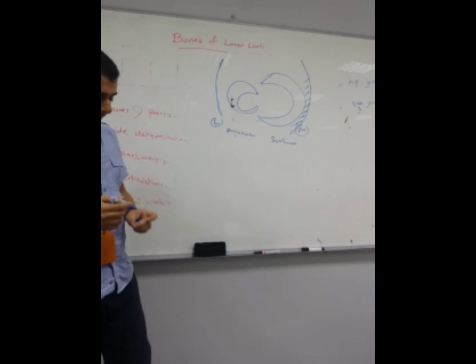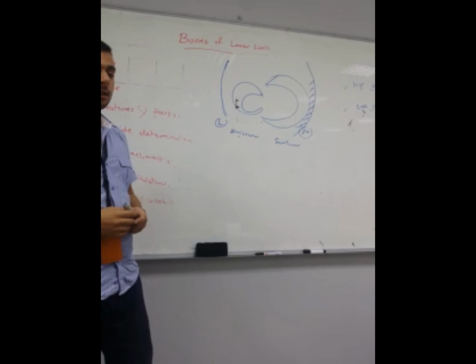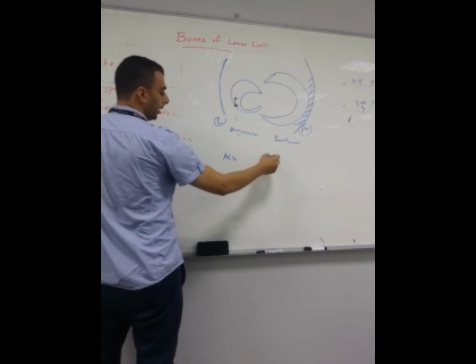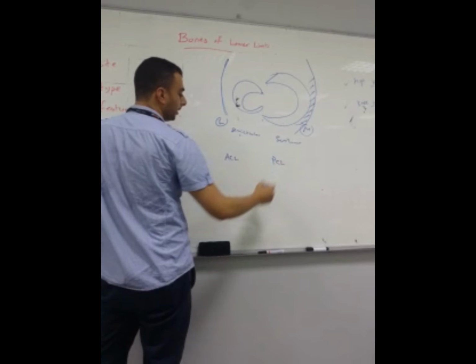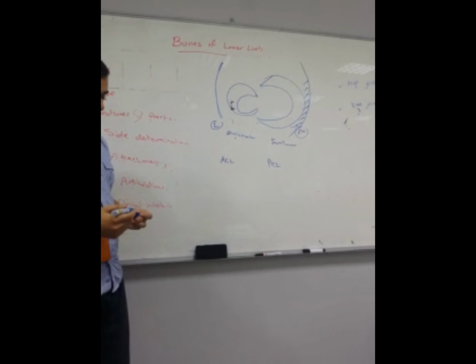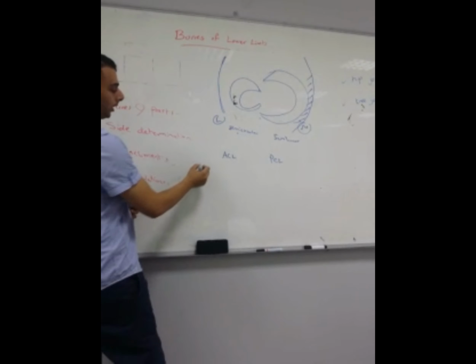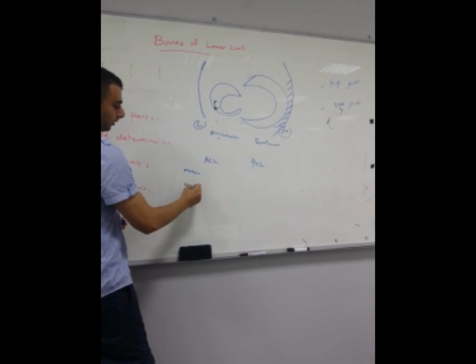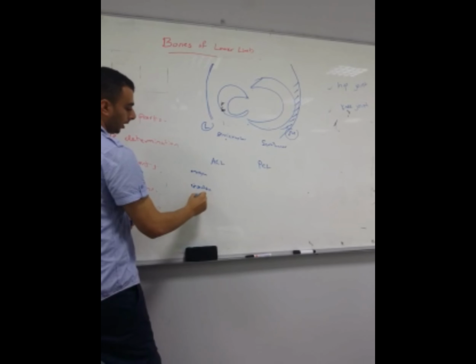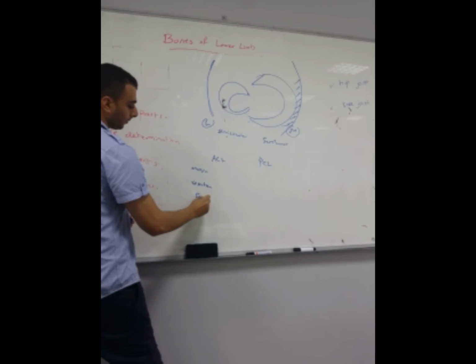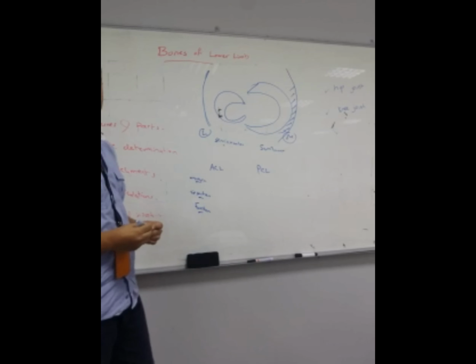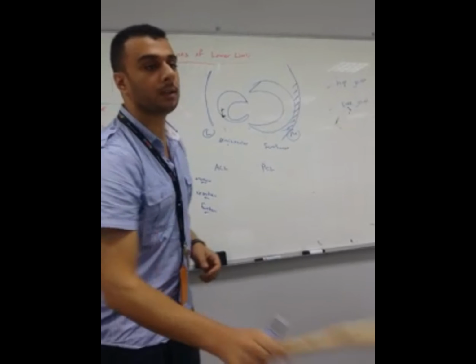Okay. We have also the anterior cruciate ligament, ACL, and the posterior cruciate ligament, PCL. Each one will have an origin, insertion, and function. Always remember that they come out from the tibia first.